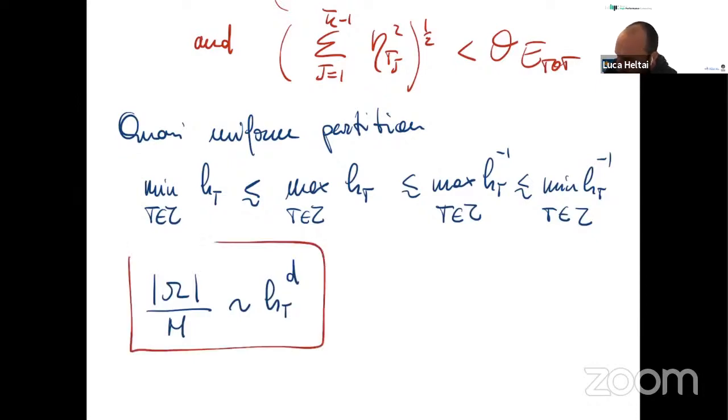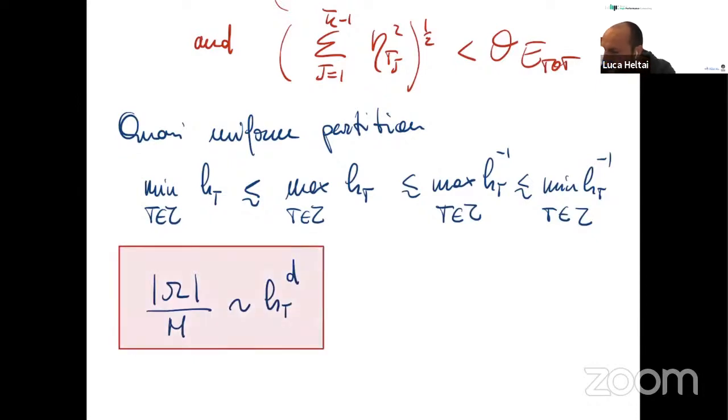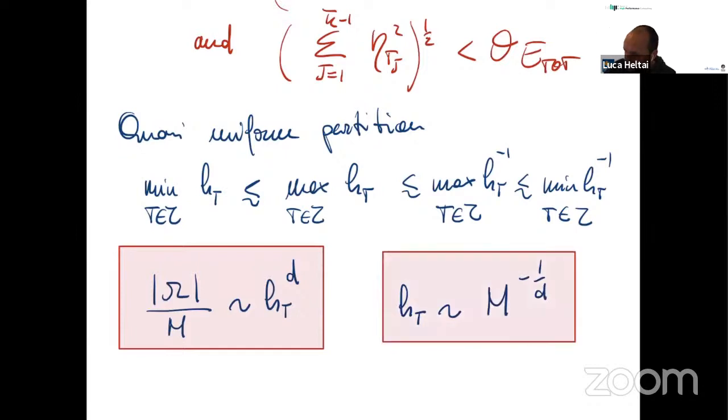So you have M, which is the number of elements. So in other words, HT for uniform partitions is proportional to M to the power -1 over D. Okay? Simply because you're splitting the domain omega in almost uniform grid size, and the size of the domain depends on the power D of the diameter with constants.